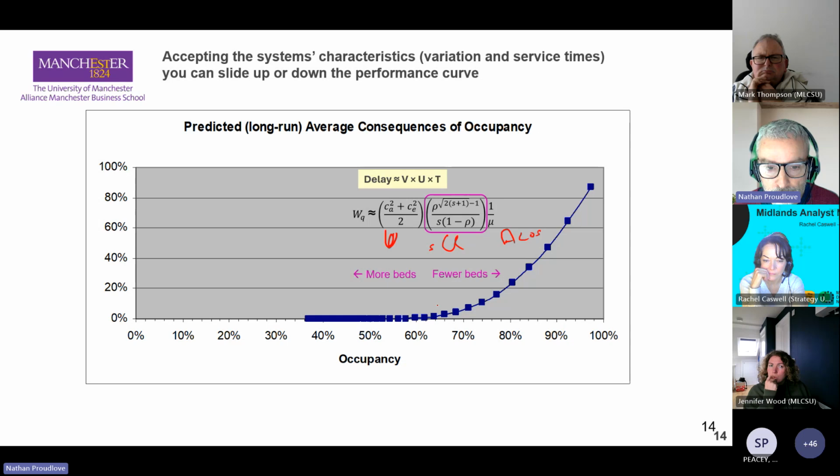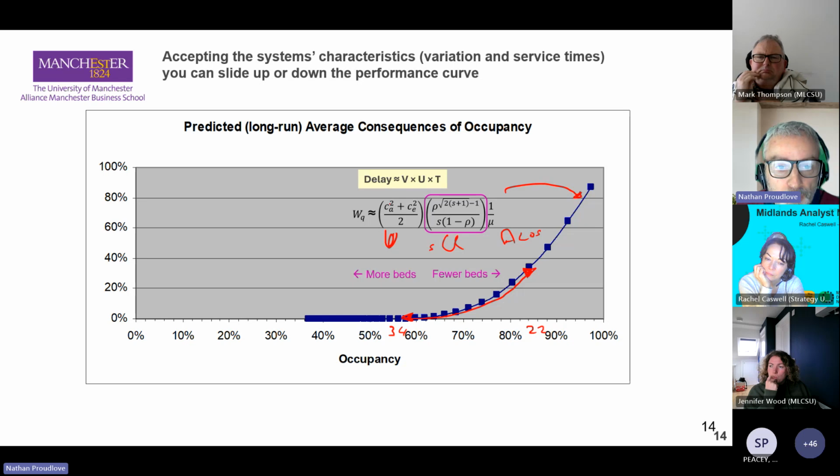That's what we were doing with the pediatrics, saying that, okay, you've got 34 beds. What if you cut down to 22? You're thinking about sliding up and down the curve. You're accepting the performance curve you've got here, the nature of the system, and you are just making the trade-offs between having more beds versus longer waits, sliding up and down that curve.